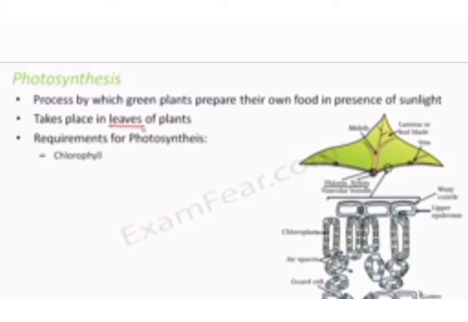So how does this chlorophyll actually look like? Here you can look at the cross section of a leaf. So here you can see a leaf. You can imagine how the thickness of the leaf is so very less, right? Now if you observe that particular cross section, only in this much thickness you have so many things.